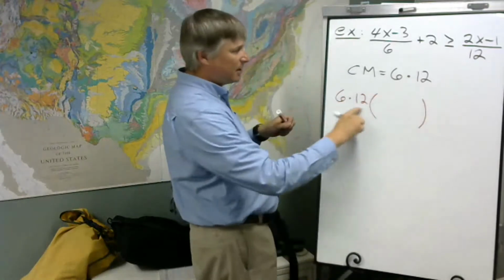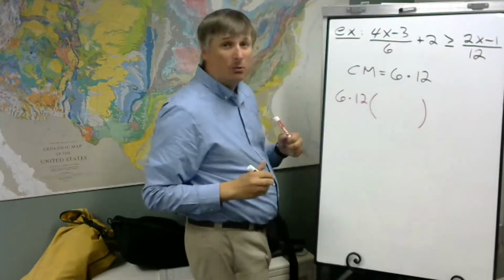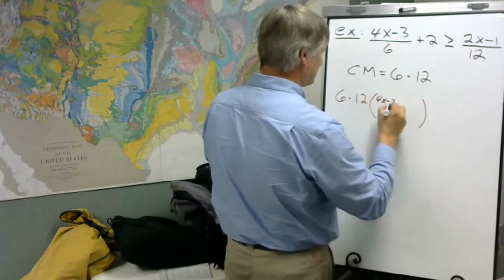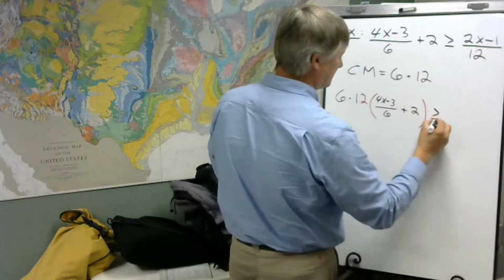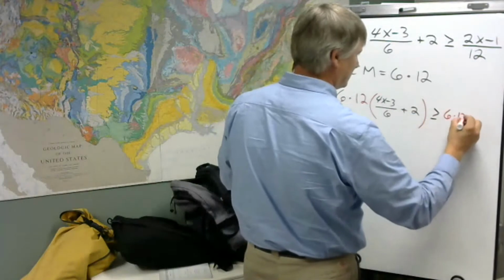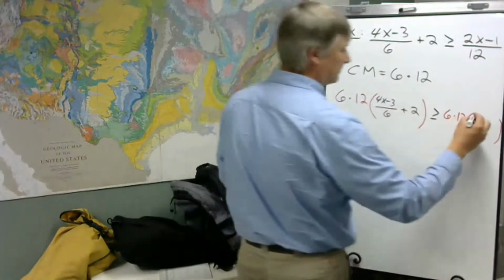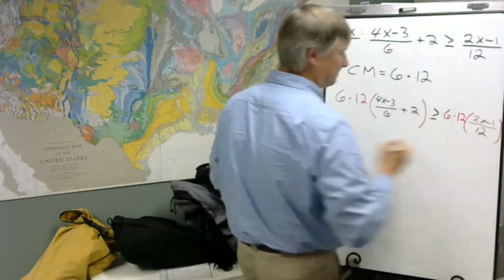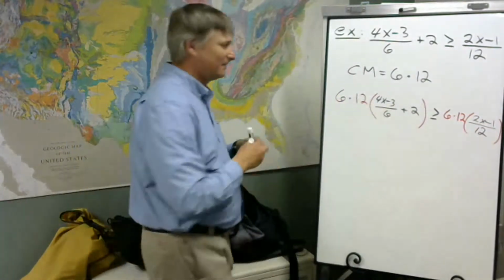And again, because this is positive, it's not going to flip around that inequality sign. So we'll distribute this common multiple.